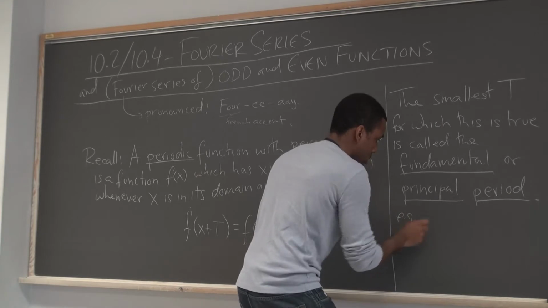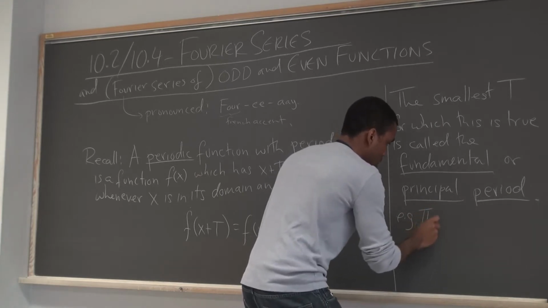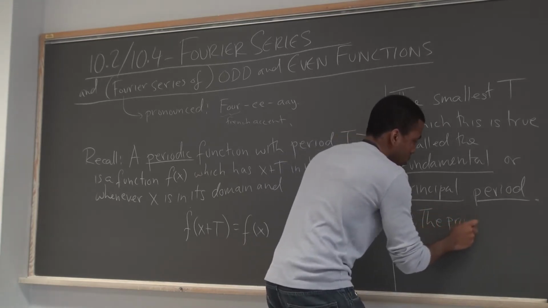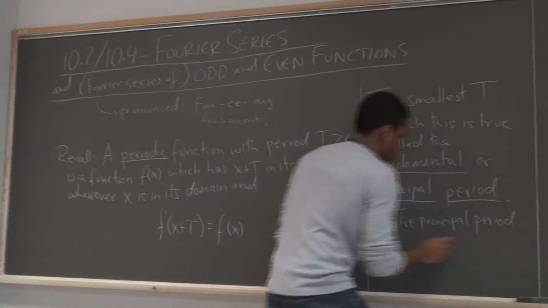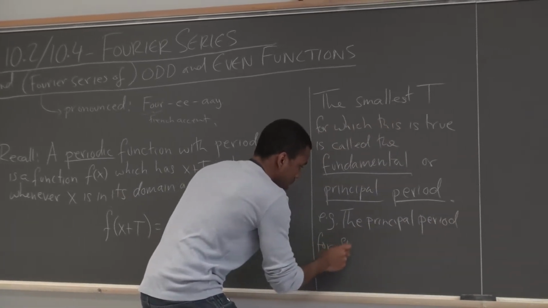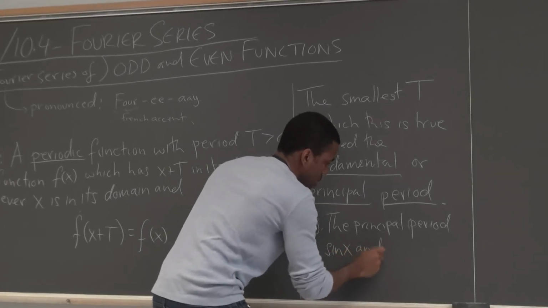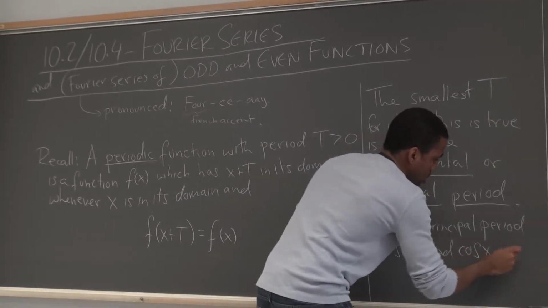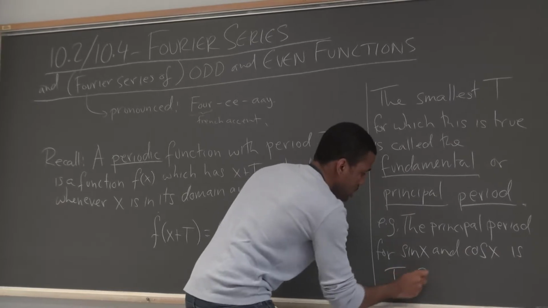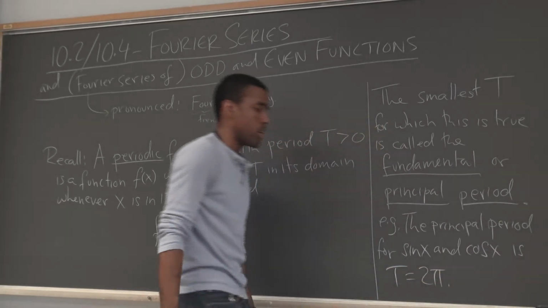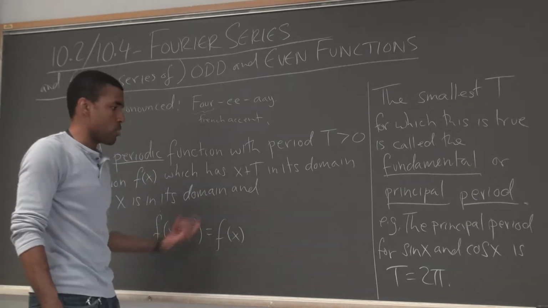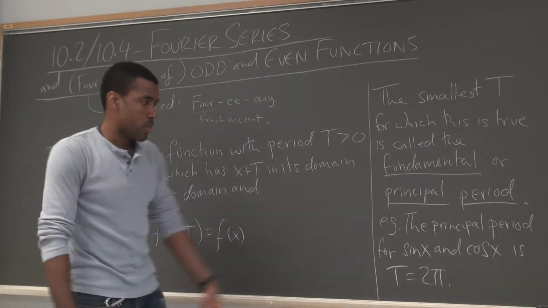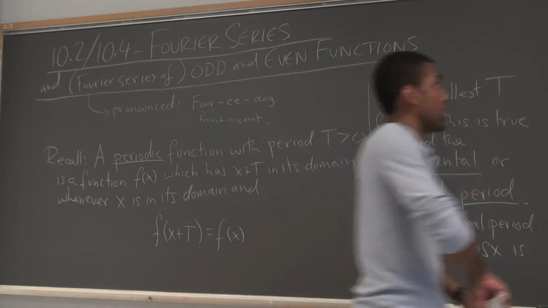Example: principal period for sine x and cosine x is T equals 2 pi. These guys are periodic with period 2 pi. That's the smallest positive number for which they actually start to repeat their values. For tangent, it's pi, etc. So you get the idea.